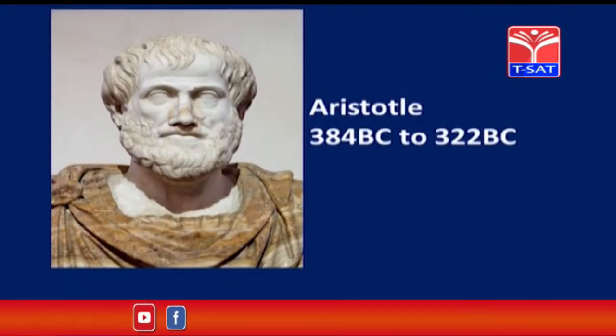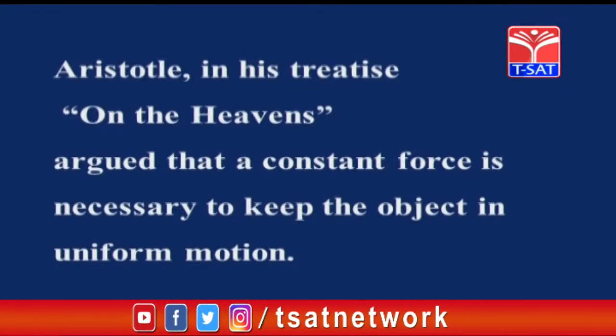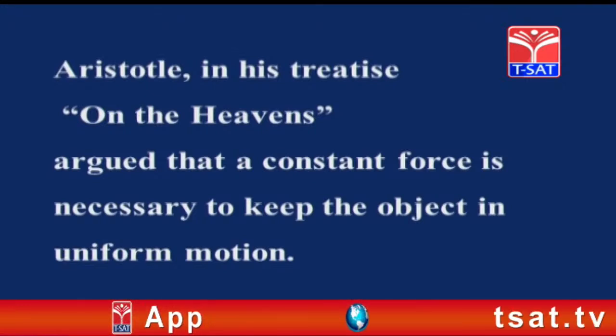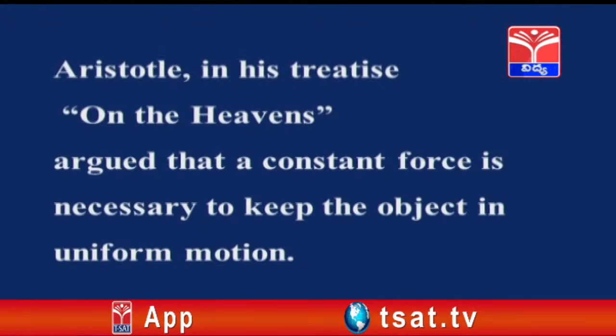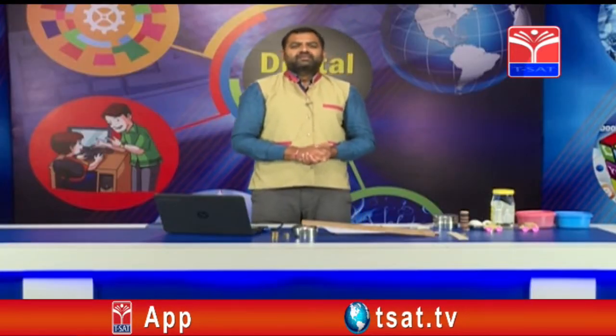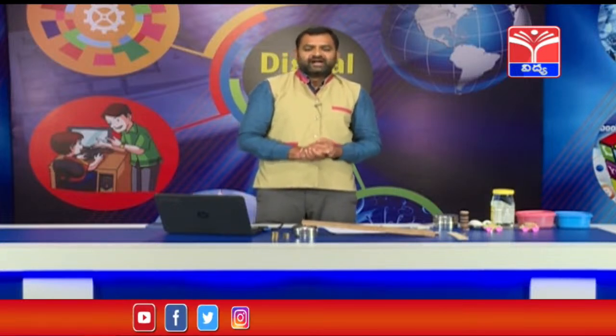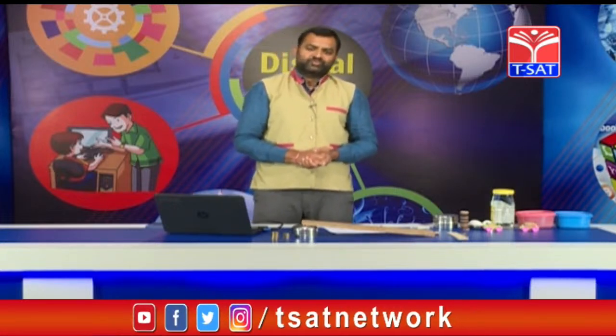Around 300 BC, Aristotle, in his treatise on the heavens, argued that a constant force is necessary to keep the object in uniform motion. It took nearly 1800 years to get the clear idea of how the objects move.